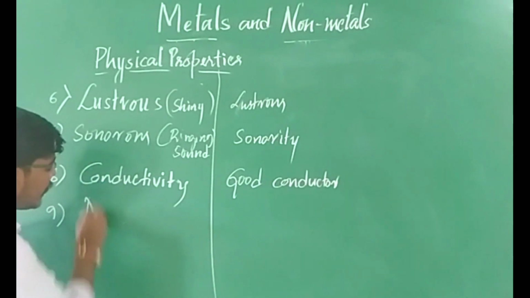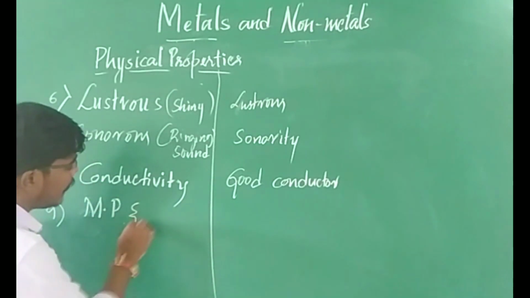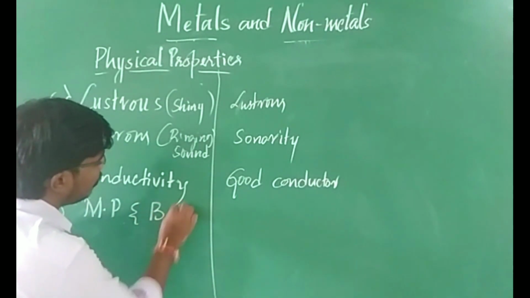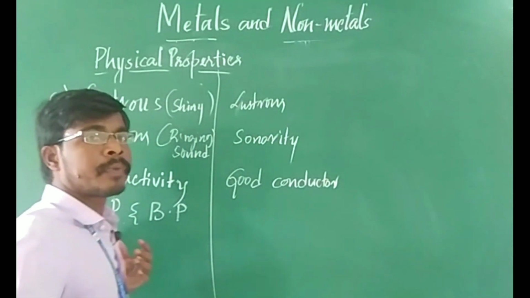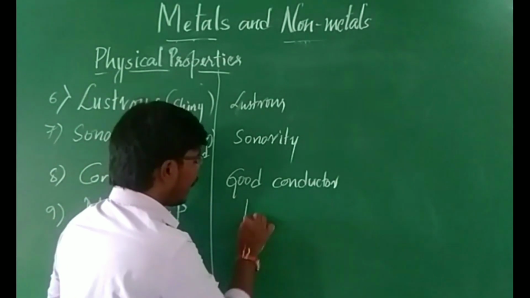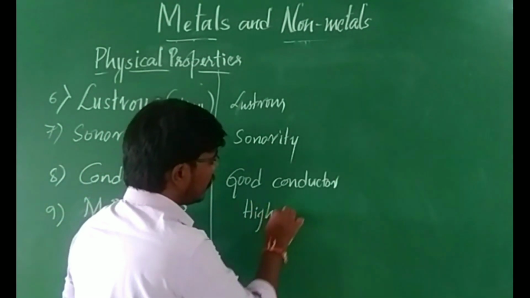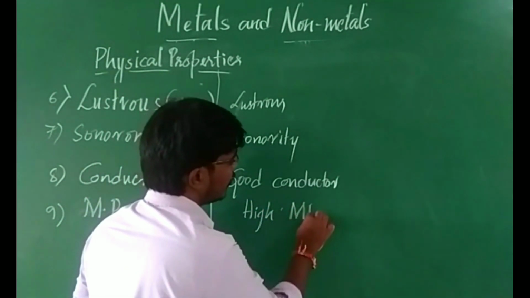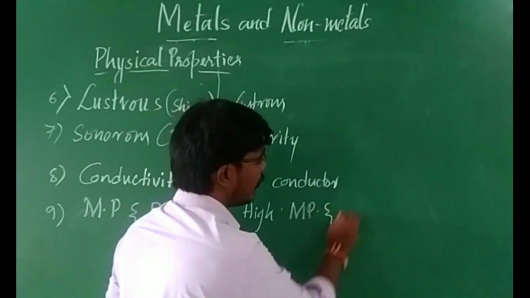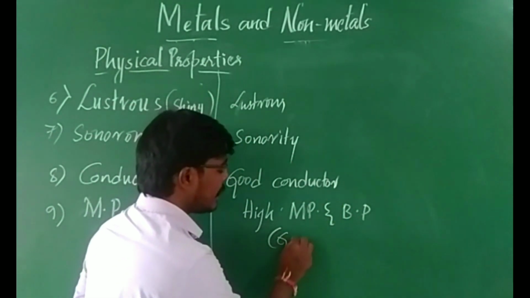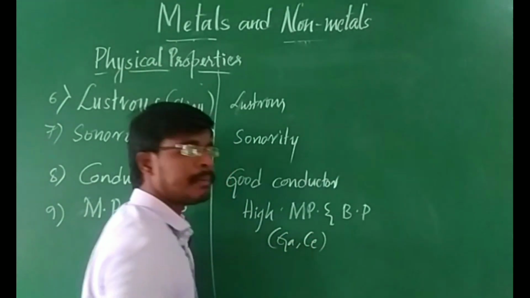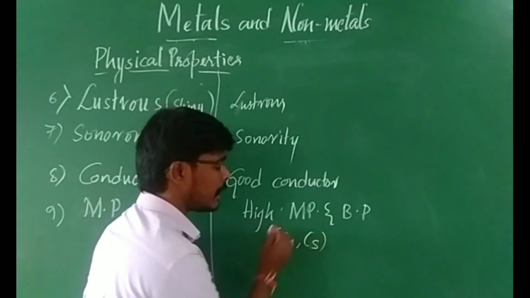The next property is melting point and boiling point. All metals have high melting points and high boiling points, except gallium and cesium.